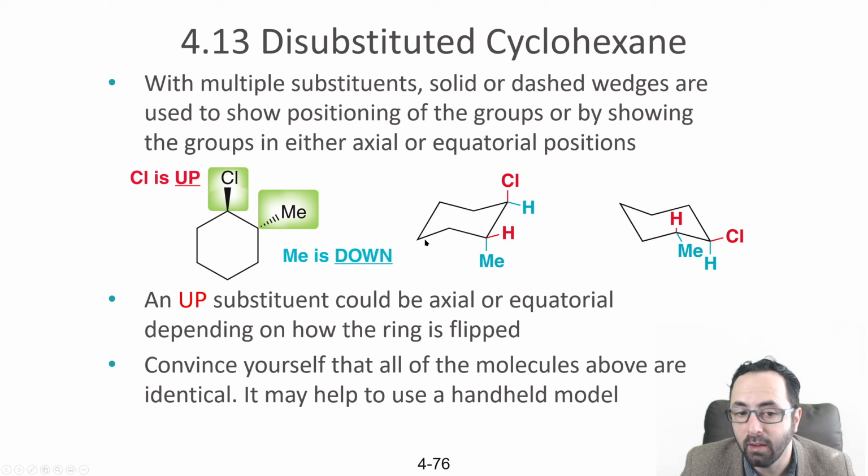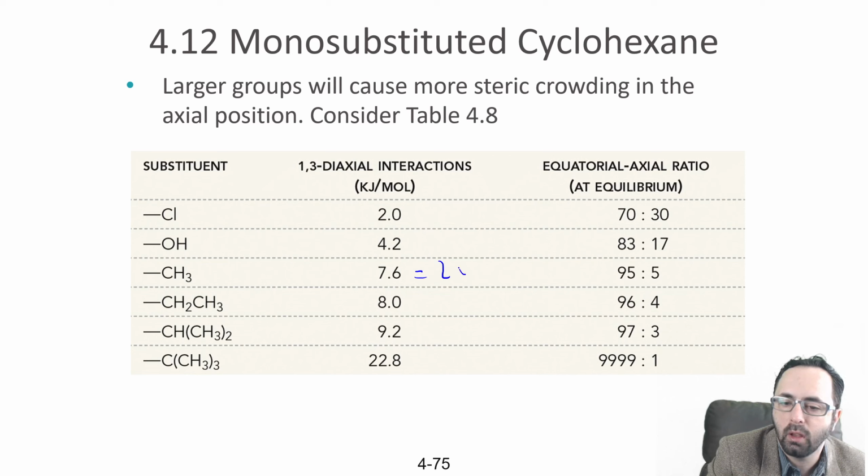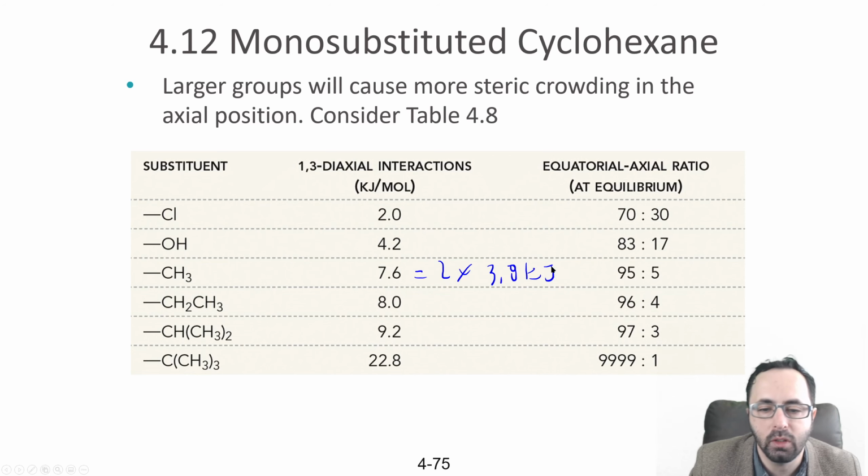So now when you have multiple substituents, though, you may have to add up. One more thing is, notice the CH3 is actually gauche twice. And so this 7.6 is 2 times 3.8 kilojoules. 2 gauche interactions at once when there's an axial methyl.